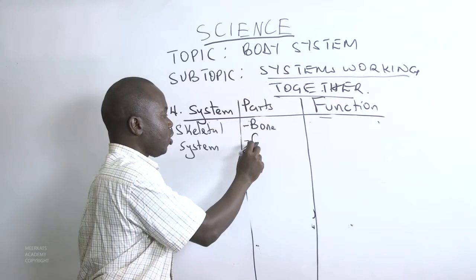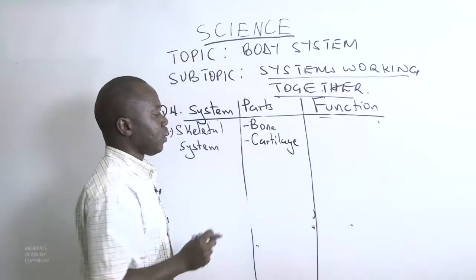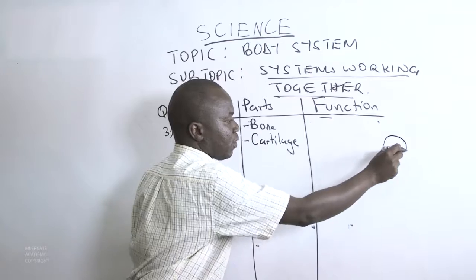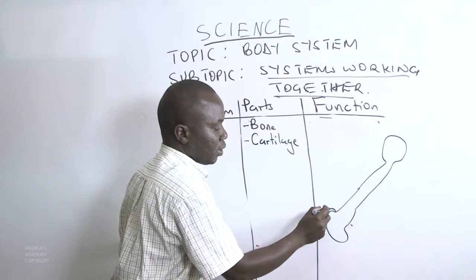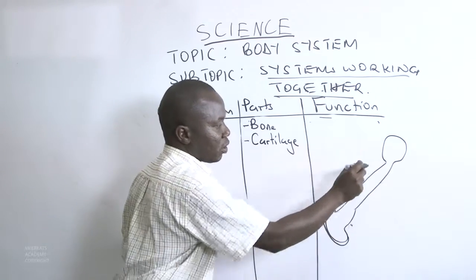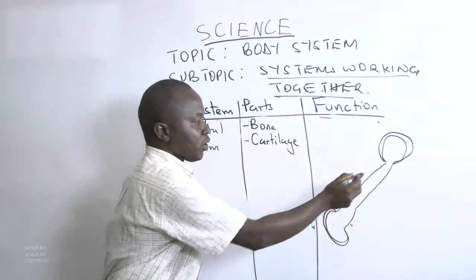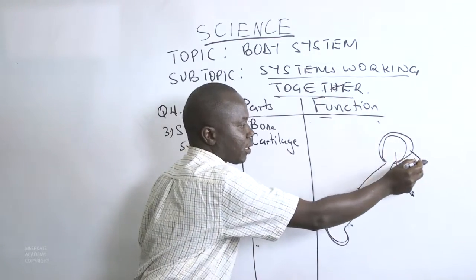We also have cartilage. Remember, cartilage is found at the head of the bone, at this point. We shall have cartilage at those points. So this one will be bone tissue, but this one cartilage.